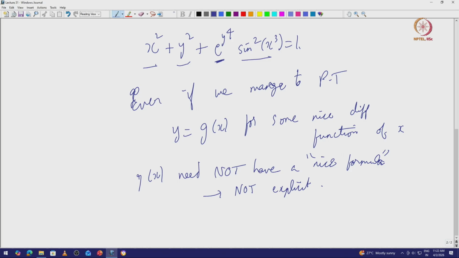Anyway, the point is, at the very least, can you prove that y is equal to g of x even locally near some point? Is that at least possible? Even if g of x may not have a nice formula, does there exist a function g of x in the first place? That's also not obvious.